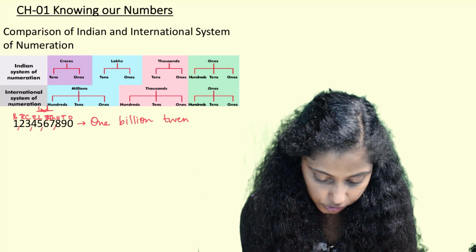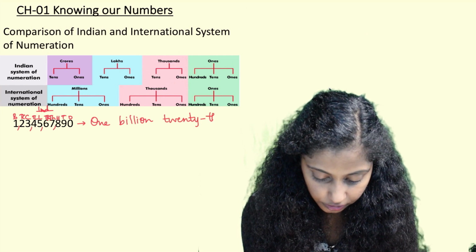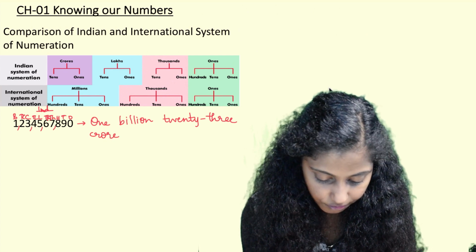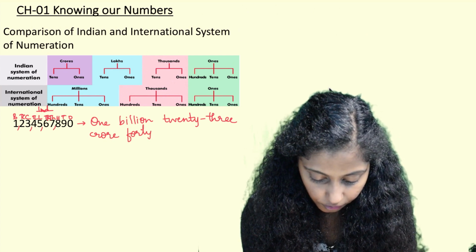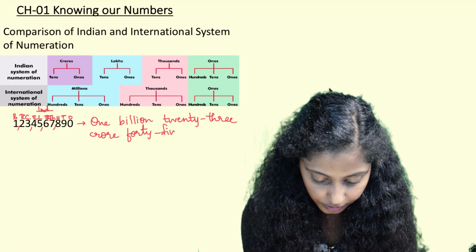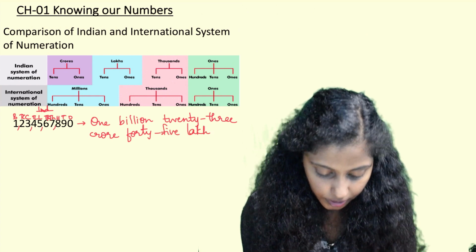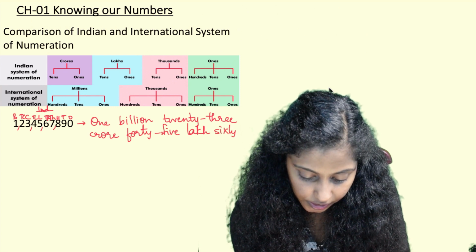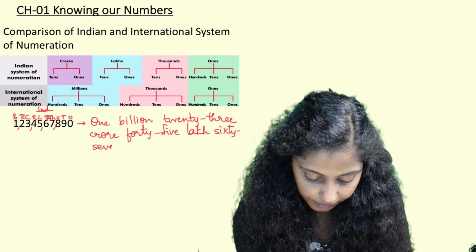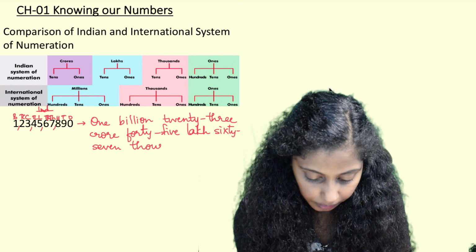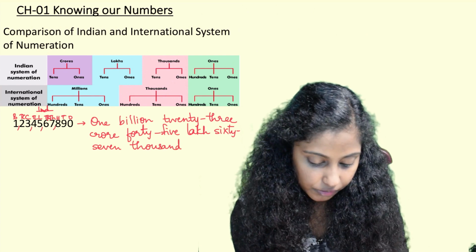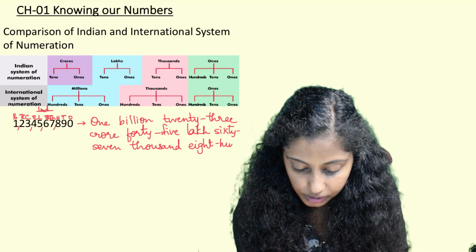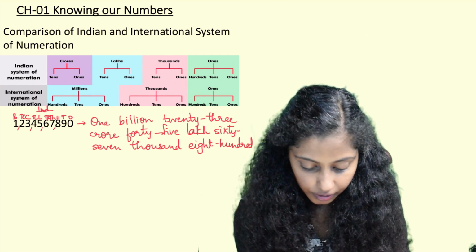Then in crores we have 2, 3, so 23 crore, because these are groups of 2. Then in lakhs we have 4, 5, so that is 45 lakh. Then in thousands we have 6, 7, so that is 67,000. And ultimately the group of ones we have 890, so we write it as 890.